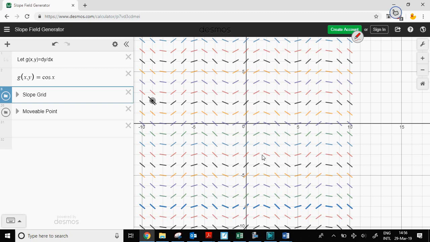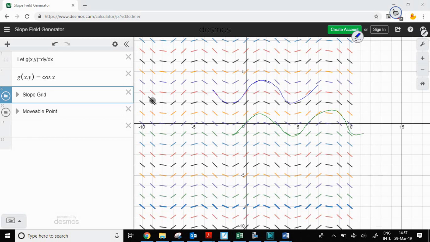I mean, the integral of cosine is sine. And do you see sine curves in here? And not only that, but it's actually an infinite family of sine curves, right? Representing the fact that we have sine of x plus a constant. So I actually see all of those sine curves here in this picture. So already I think that's kind of neat.